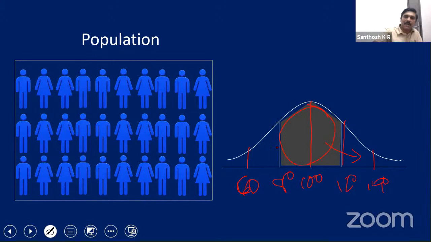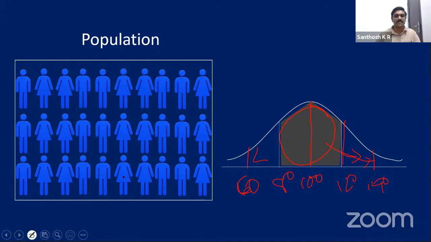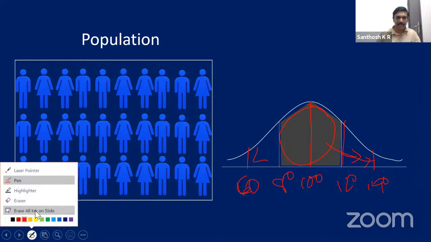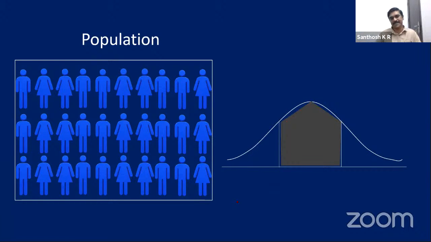Likewise, people with lesser IQ will go towards this side, and people with higher IQ will go towards this side. This is what the curve is showing us. If we are collecting the data on IQ in the population of Delhi and draw a curve on that, the curve will be like this, is the assumption.